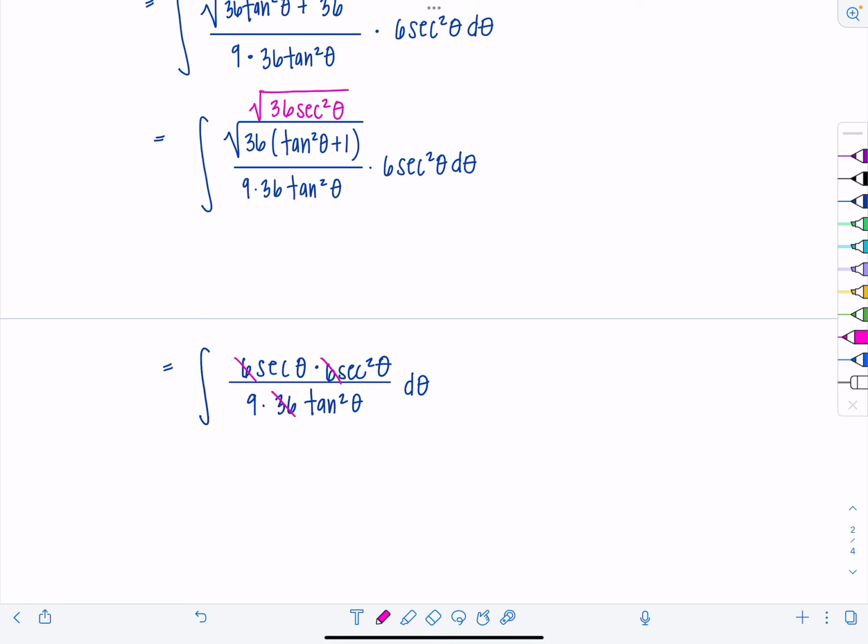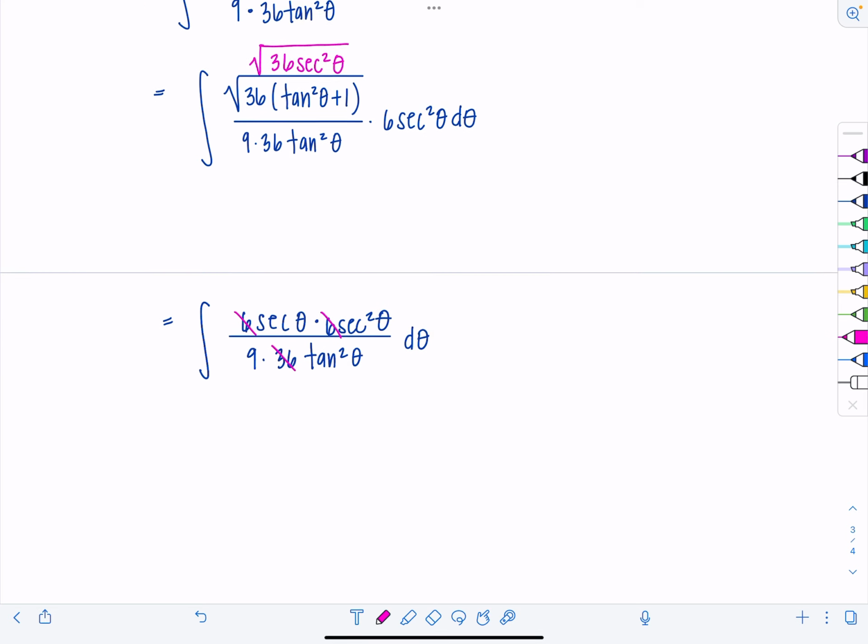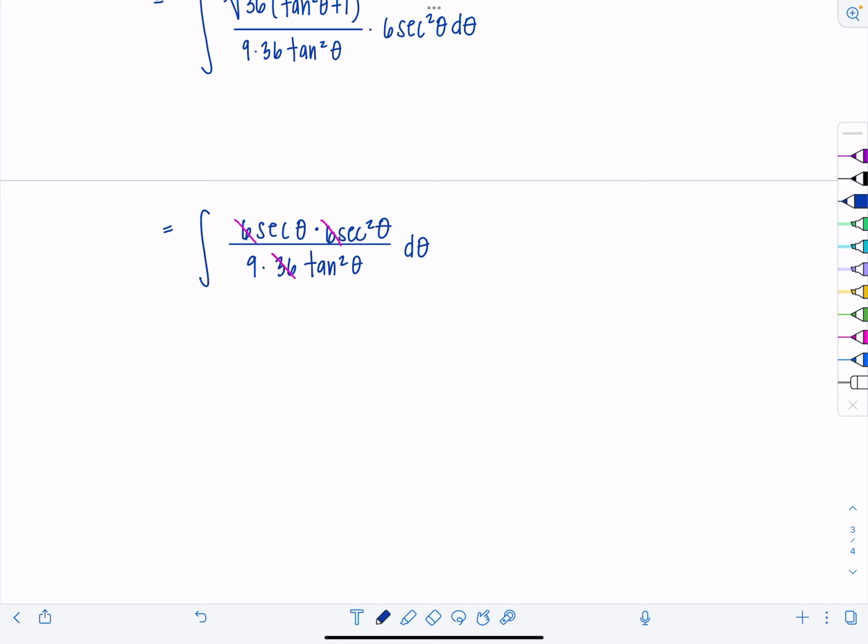Love it. And then that pesky little 9, let's exile it outside of the integral. So I always like pulling the constants out so I can just focus on what I'm trying to integrate. In the numerator, we've got secant cubed theta. And in the denominator, we've got a tan squared theta d theta.